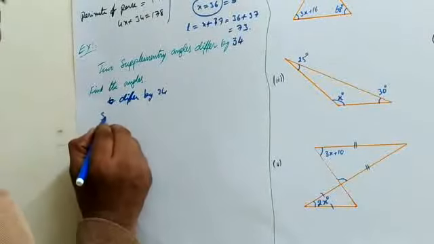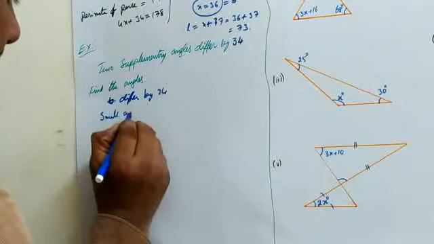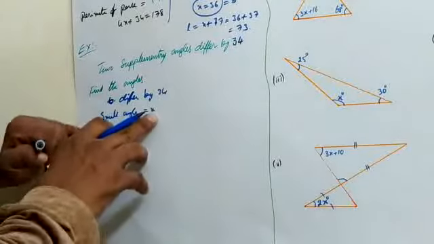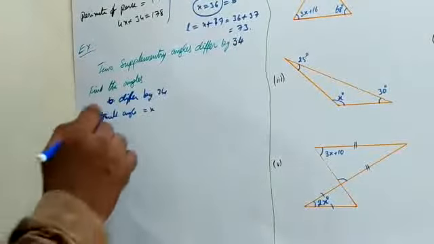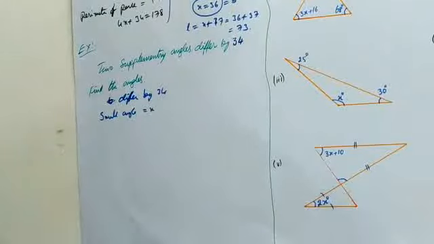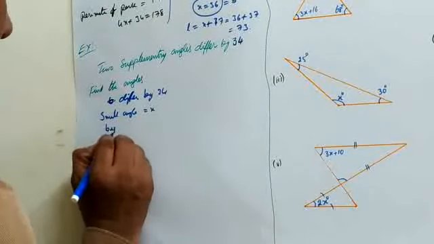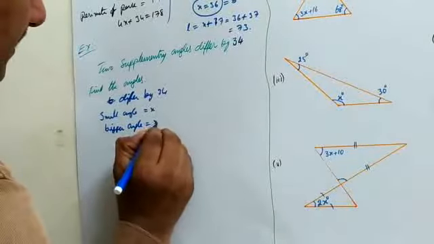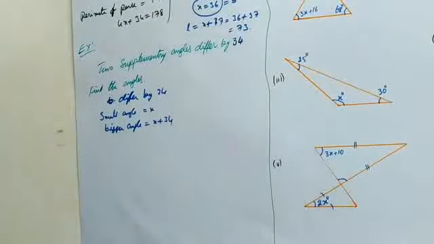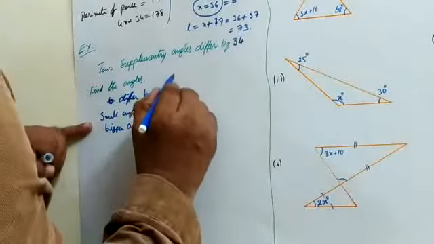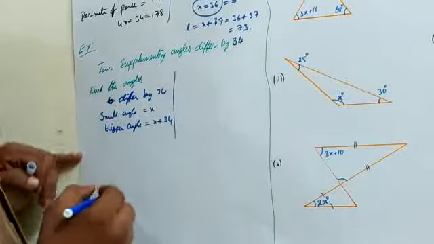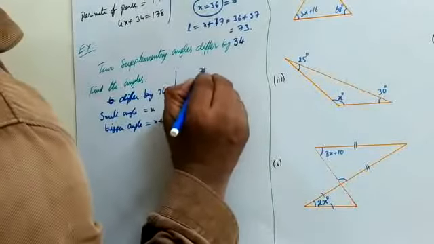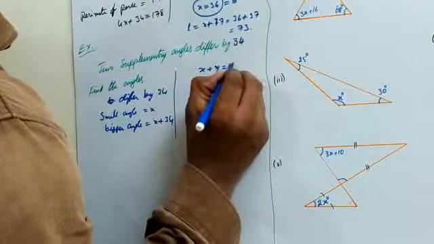Here is the bigger angle. Therefore, the small angle is equal to x. At the same time, differing by 34 means the bigger angle is equal to x plus 34. Supplementary means the sum of two angles is equal to 180, for example x plus y is equal to 180.